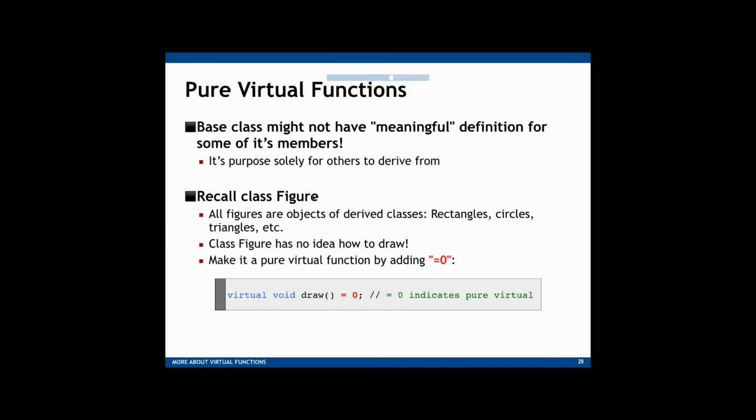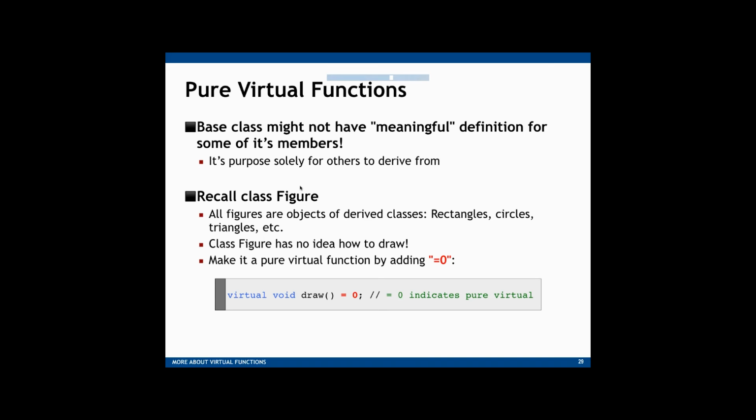We designed the figure class, which is a base class, and we also designed rectangle, circle, and triangle classes, which inherit the figure class. And there was a draw member function, which draws the figures on your screen. It is clear how to implement draw functions for rectangle, circle, and triangle, but it is not so clear how to implement draw functions for the figure class.